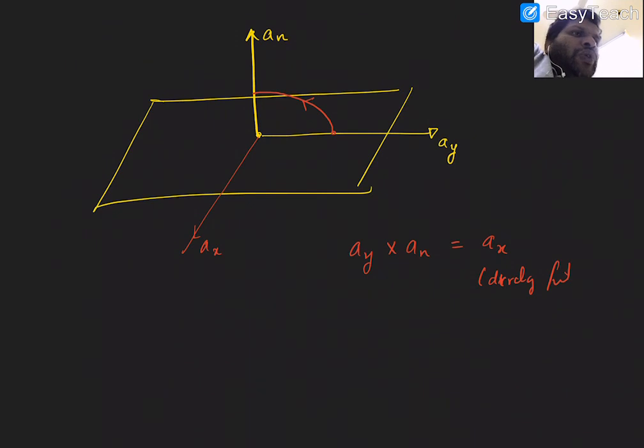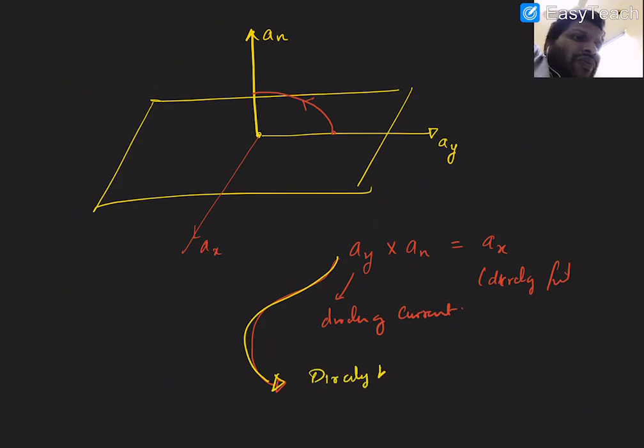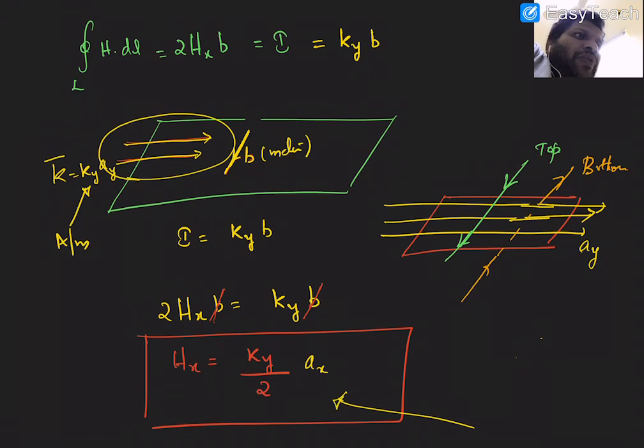So what is this ay? Ay is the direction of the current. In general we can say that it is the direction of K, and this is the normal to the sheet. So if we know these two things, we can generalize the previous result as H is equal to half.